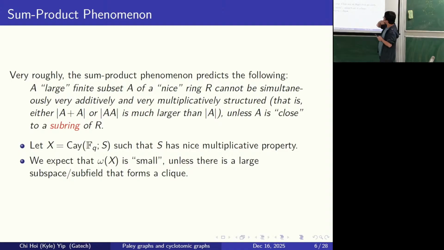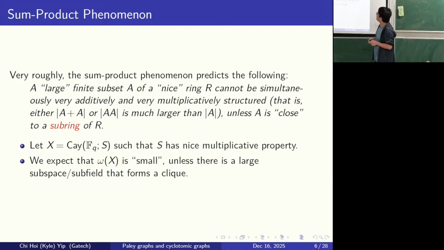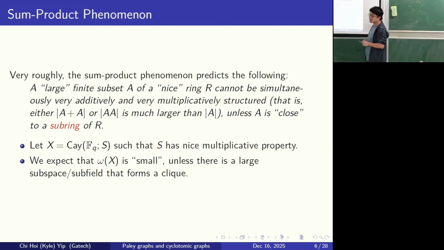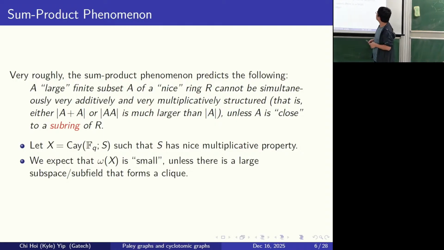Then the sum product phenomenon says that A cannot be simultaneously very additively and very multiplicatively structured. By that I mean that either the sum set A plus A or the product set A times A must be much larger compared to the size of A, with one obvious exception, namely A is close to being a subring of R.